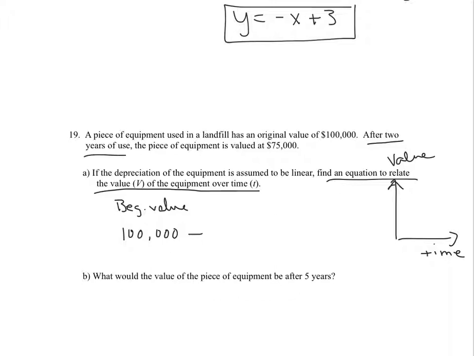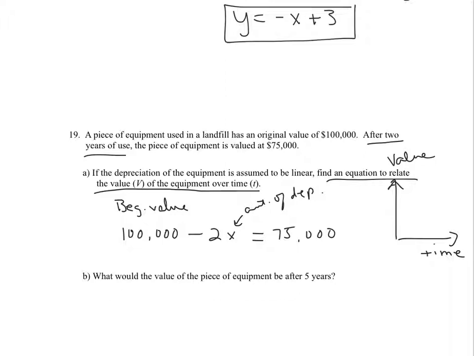What we're trying to find would be the amount of depreciation that happens every year. I'm not sure what that is, but I do know that 2 years times the amount of depreciation had to equal the current value of $75,000.